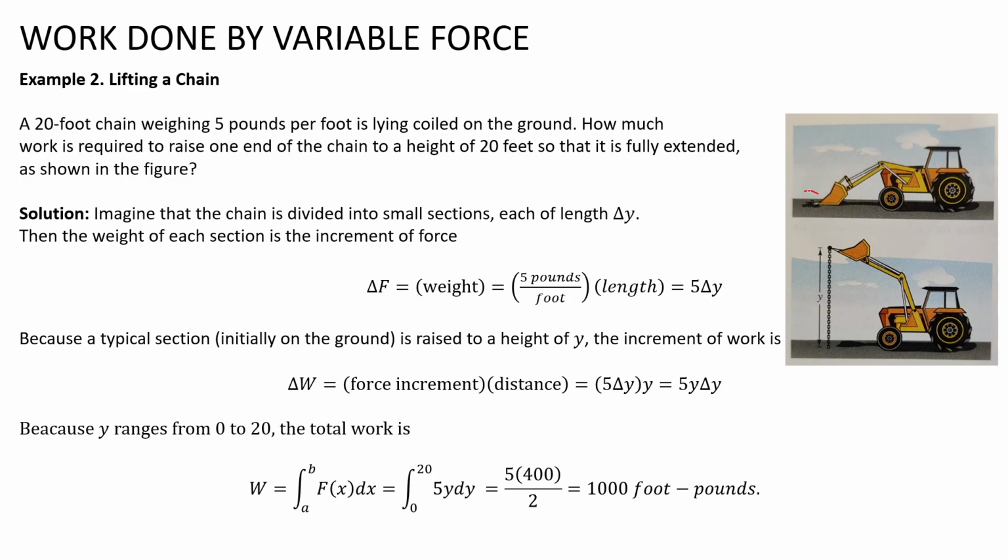So this one is the 20-foot chain, and its weight is 5 pounds per foot. If we multiply this with the 20-foot length of the chain, this will give you 100 pounds for the length of your chain if it's fully extended.